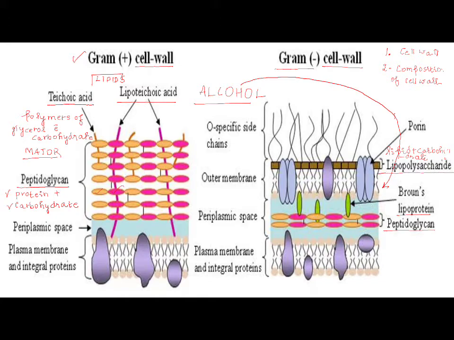So what is the conclusion? The cell wall composition, if the peptidoglycan is more than lipid, then it will be sustaining the stain, because alcohol does not dissolve protein and carbohydrate. But if lipopolysaccharide is more than the protein component, like gram negative cell wall, more is lipid, so the organic solvent will dissolve the cell wall, then the stain also washes off.